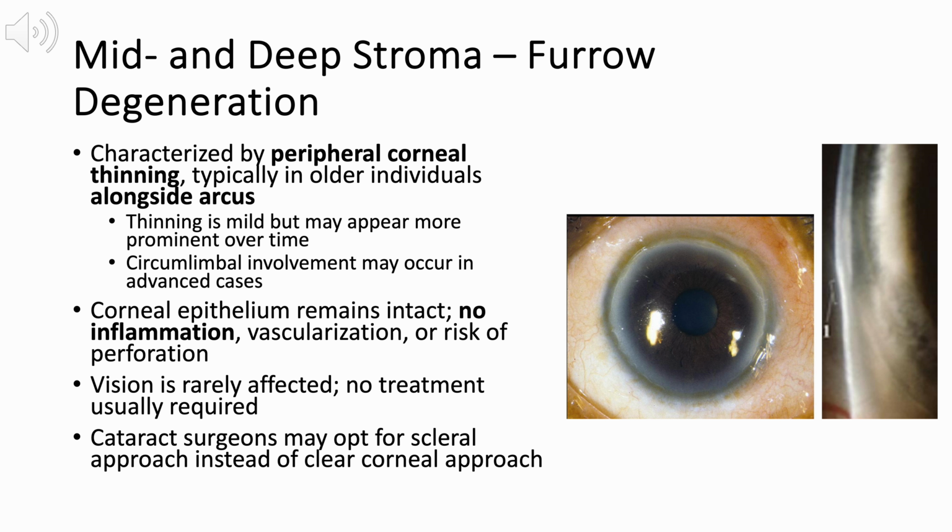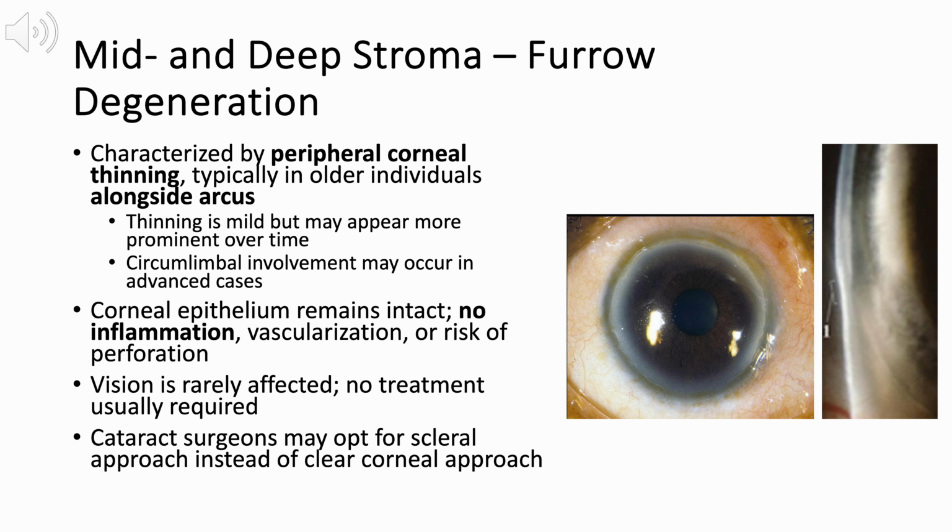Importantly, the corneal epithelium remains completely intact. There is no inflammation, no vascularization, and no associated risk of perforation. Because of this, vision is rarely affected, and no treatment is usually necessary.